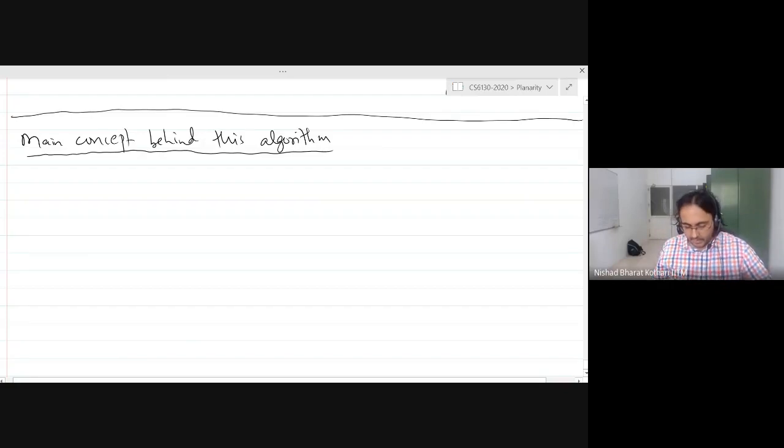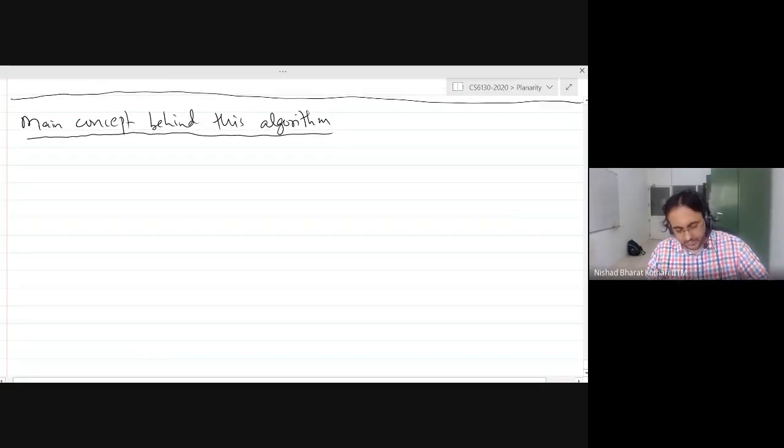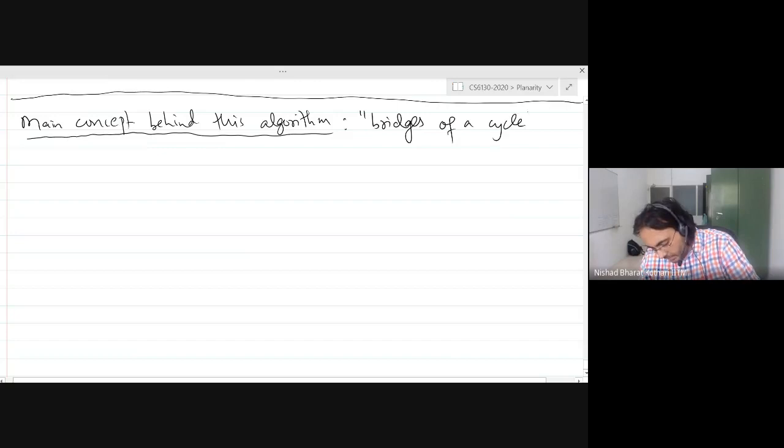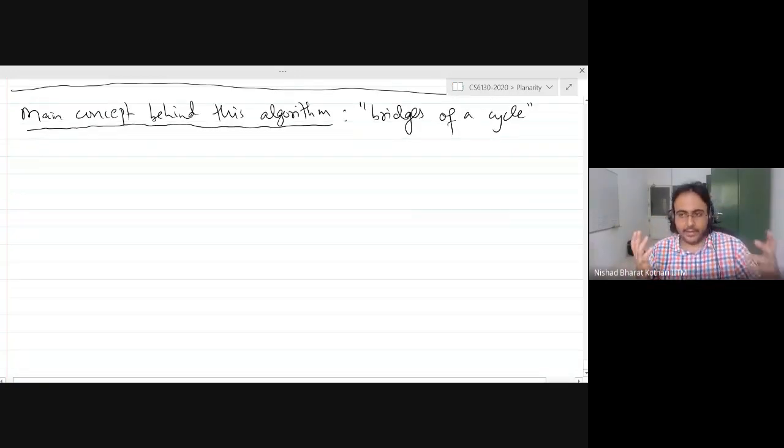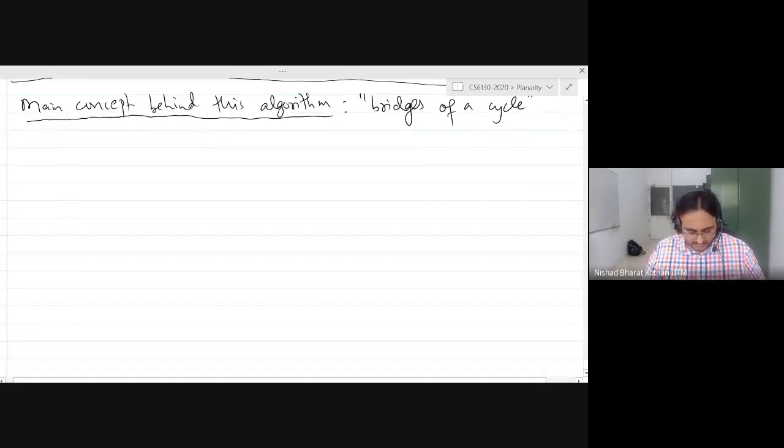We might get to it by the next lecture. Bridges of a cycle. As you can see, in planarity, cycles are really important. And one of the key reasons behind that is the Jordan curve theorem. A closed curve is nothing but a cycle.